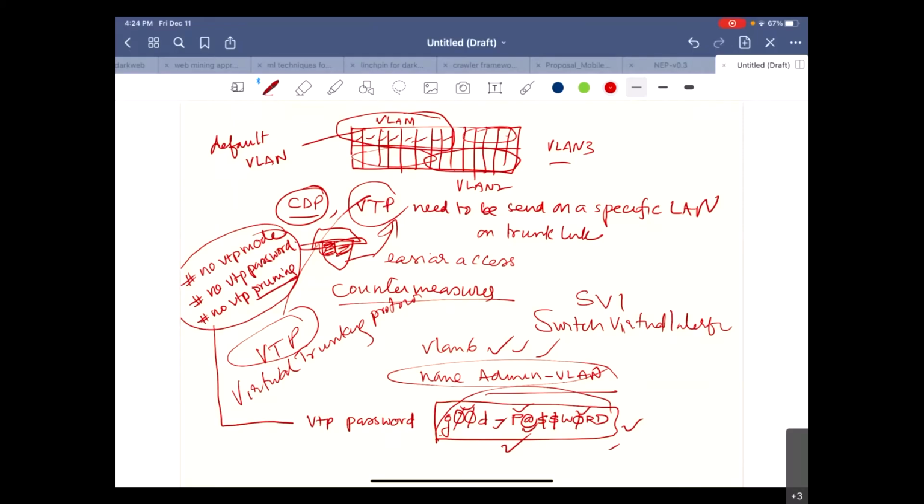Always give the command logging on, which enables logging, and logging to an IP address, that means one of the configurable management IP addresses. So these are some countermeasures you can take, and they help you secure the switching easily.